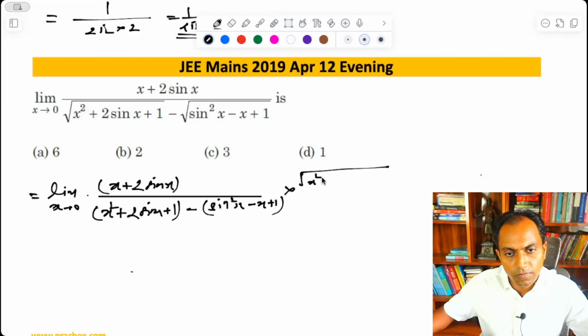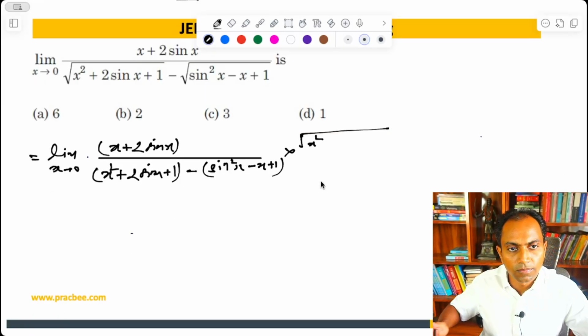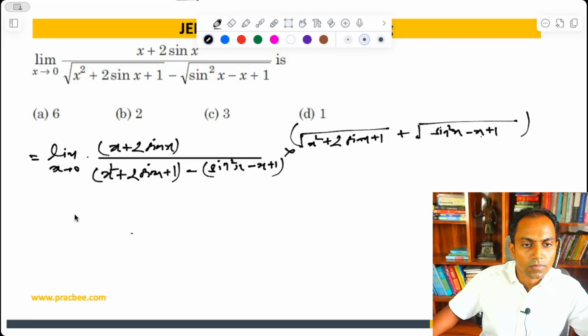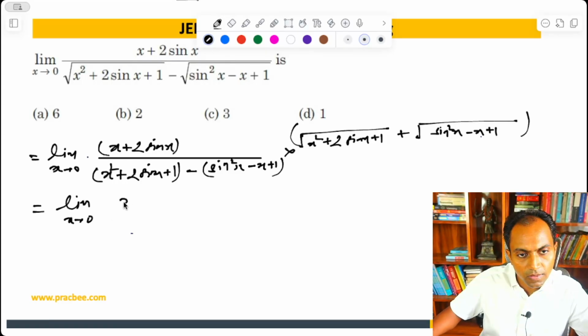Root of x square plus 2 sin x plus 1 plus root of sin square x minus x plus 1. Now, if you simplify this, you can see that we are getting the same term that we are getting in the numerator, x plus 2 sin x.